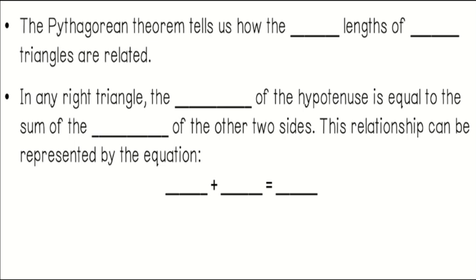So what it tells us, Pythagorean Theorem tells us how the side lengths of right triangles are related. What's it mean if we have a right triangle? A 90-degree angle. So they have to be right triangles for this. If it's not a right triangle, Pythagorean theorem doesn't work for it.